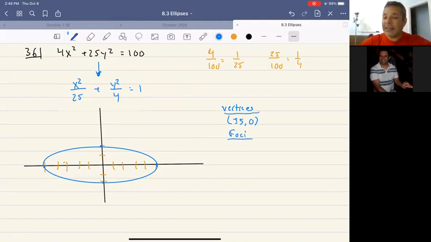Again, we're going to use the same exact equation: a squared equals b squared plus c squared. Our a is the larger of the two between 5 and 2. Our b here is 2, so that's 4, plus c squared. So c is the square root of 21, plus or minus.